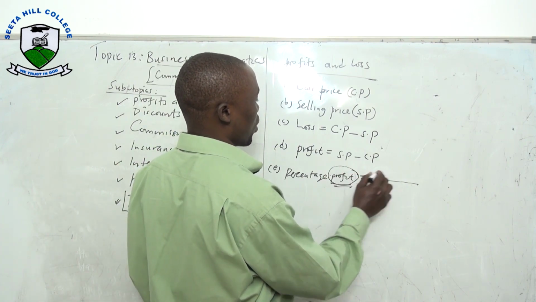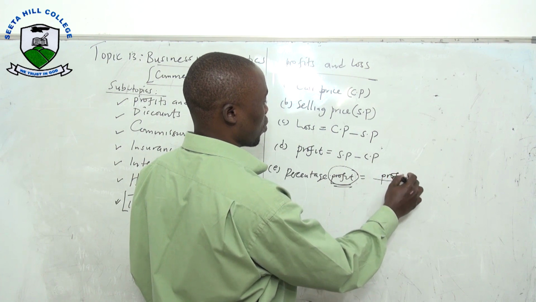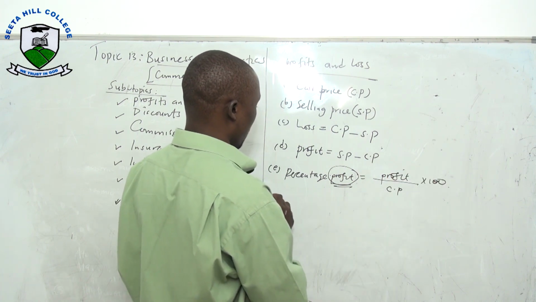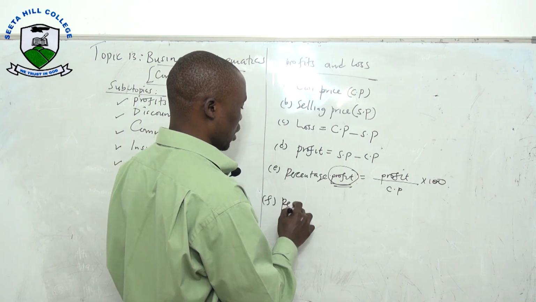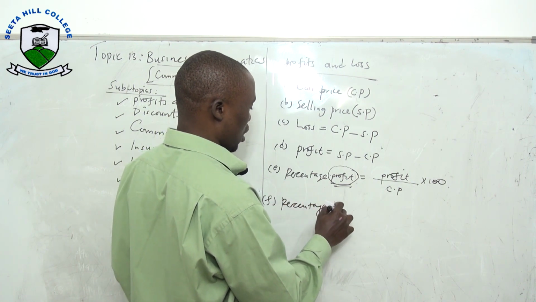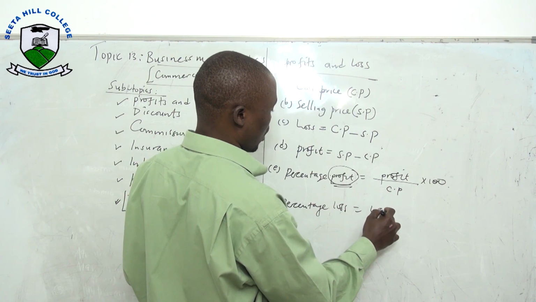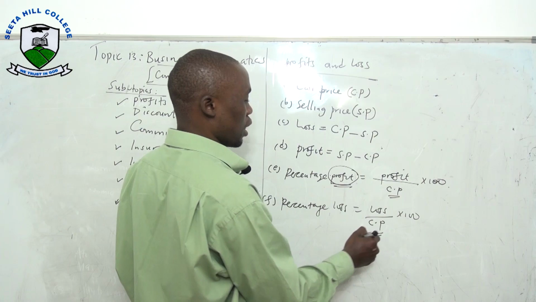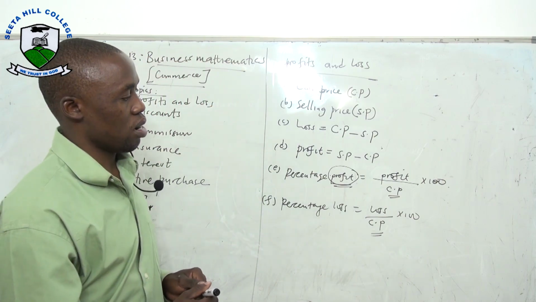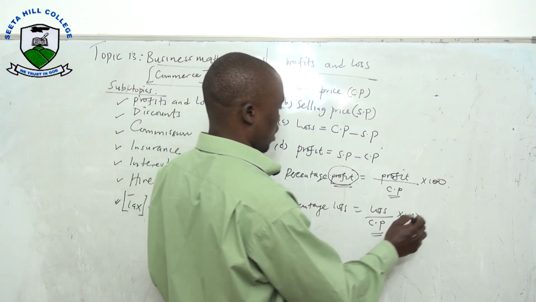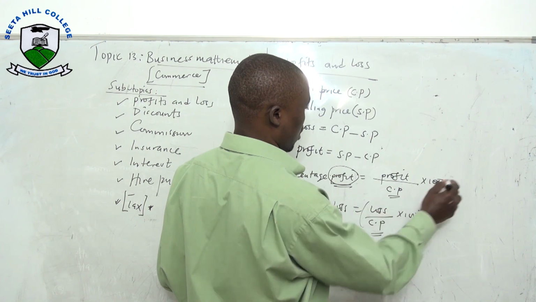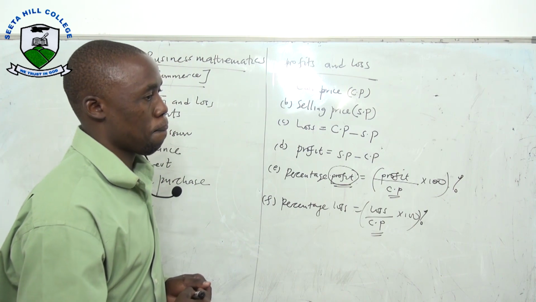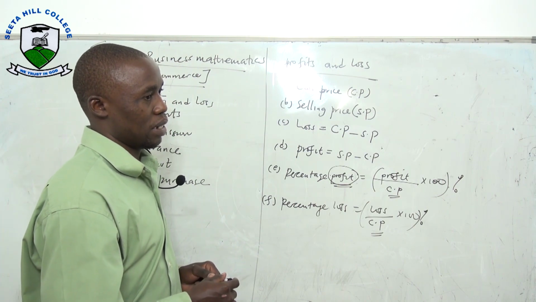Then this must be profit out of cost price, not so? Then percentage loss? That's loss out of cost price. Still this is maintained, times 100%. Okay. Is that right?